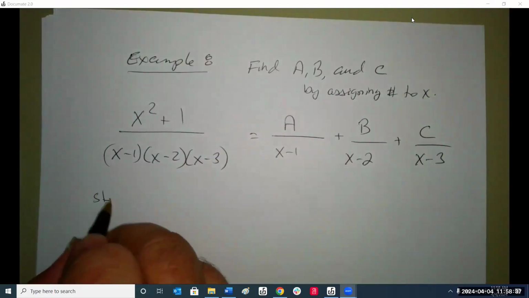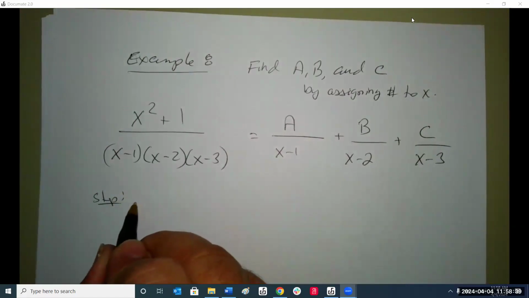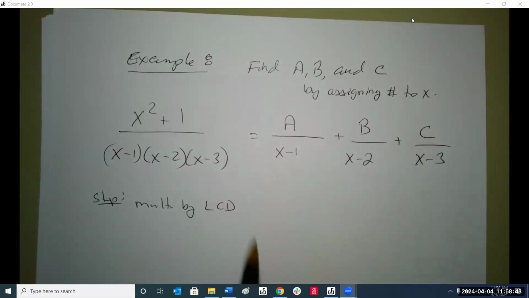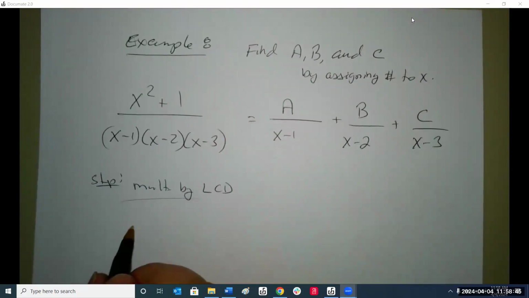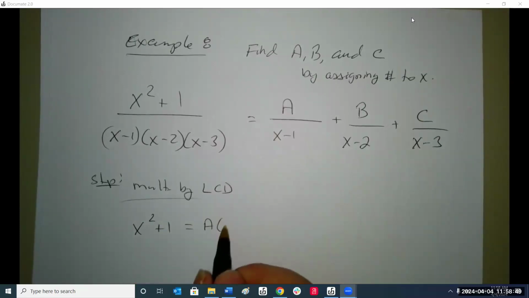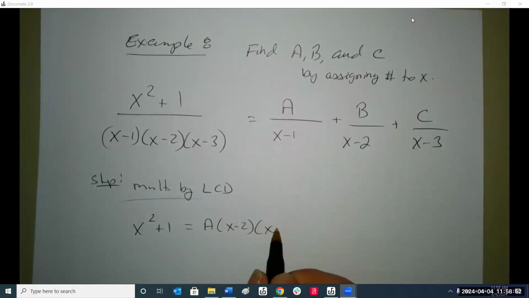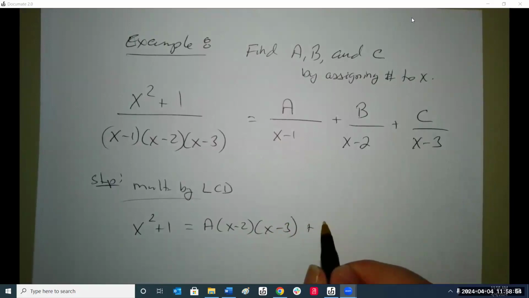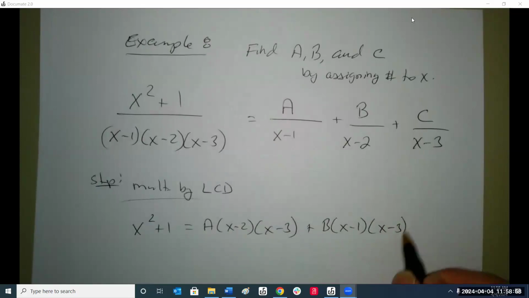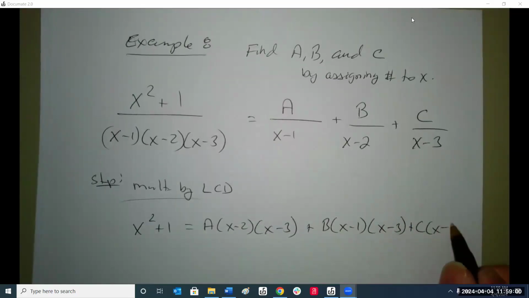So step 1, multiply by the LCD. That gives us x squared plus 1 equals A(x minus 2)(x minus 3) plus B(x minus 1)(x minus 3) plus C(x minus 1)(x minus 2).